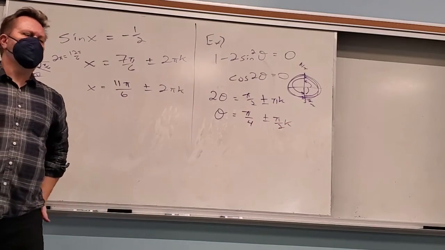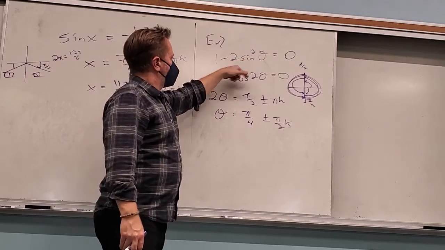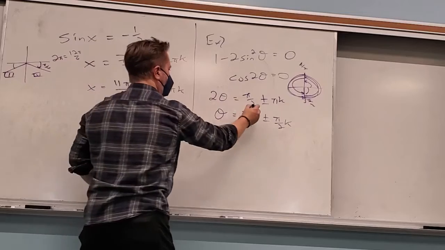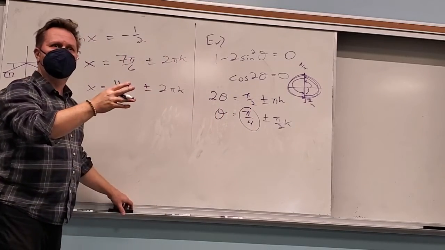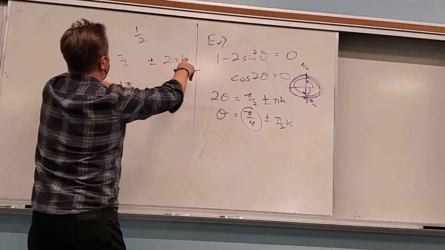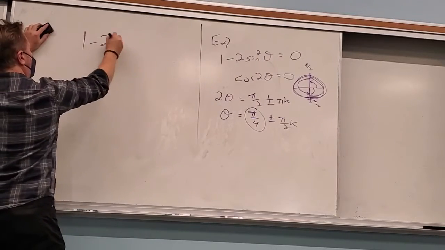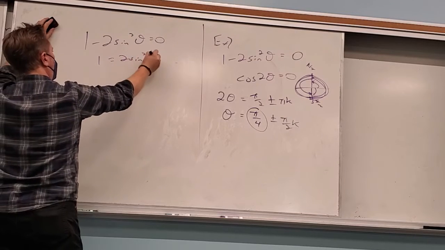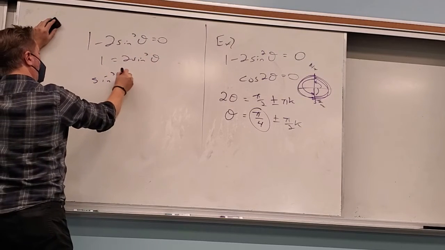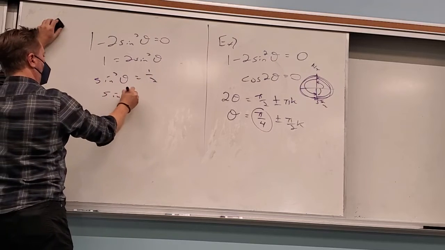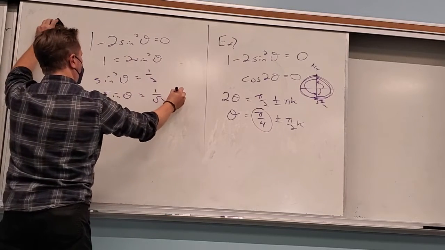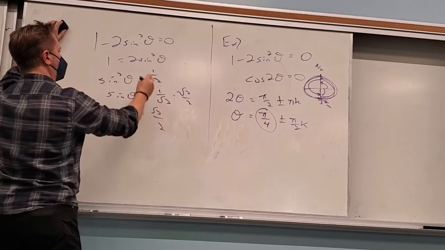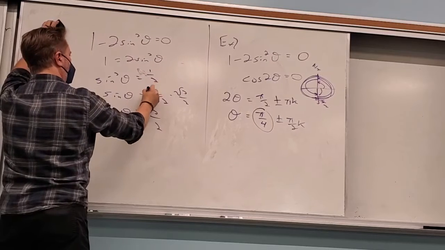Same answer you would get if you added 2 sine squared, divided by 2, took a square root, blah, blah, blah. Real quick, I just want to show you. Isn't this fundamentally 45-degree angles, right? If I were to solve this the other way, add 2 sine squared, divide by 2, take a square root, plus or minus, plus or minus.